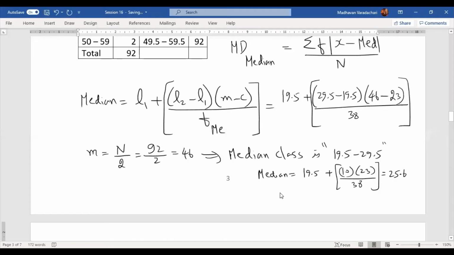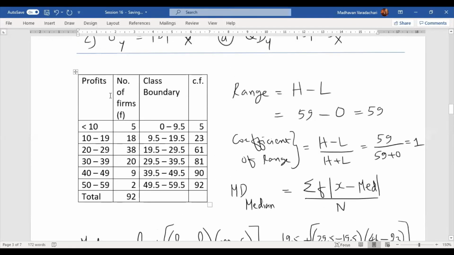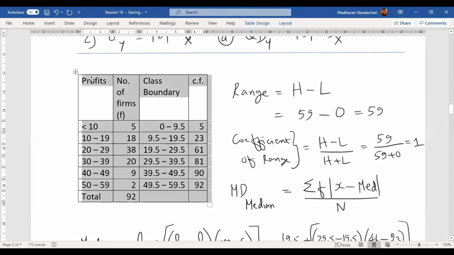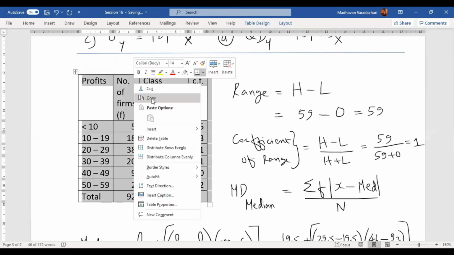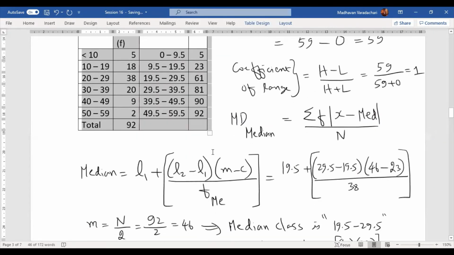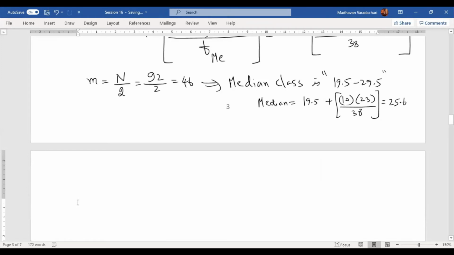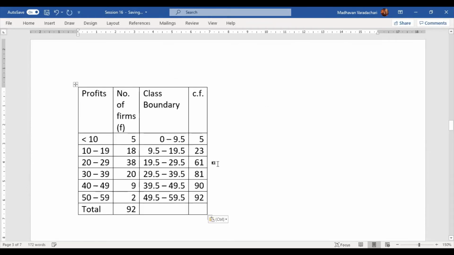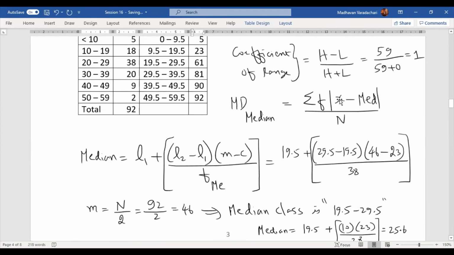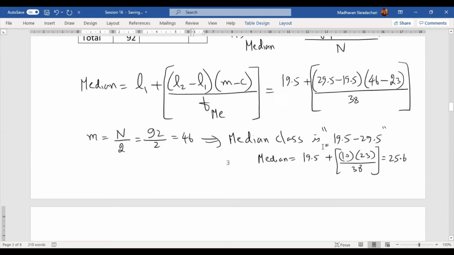Now, once we found this median, I'm going to copy this table, because for calculating mean deviation about median, I may need a fresh table. I'm going to copy the same table. Then here, I need to calculate this modulus of x minus median, one column. Then the next column is f multiplied by modulus of x minus median, another column.